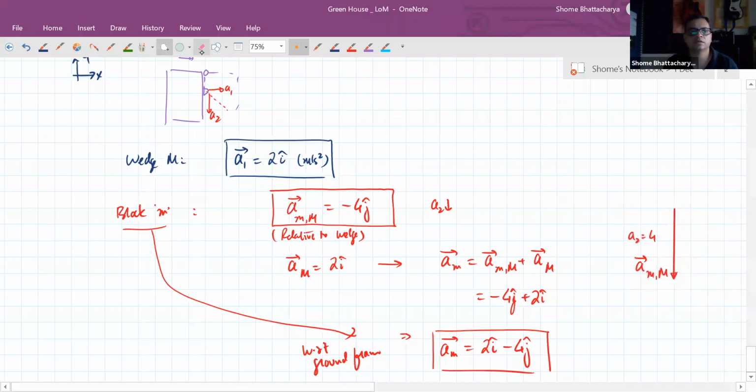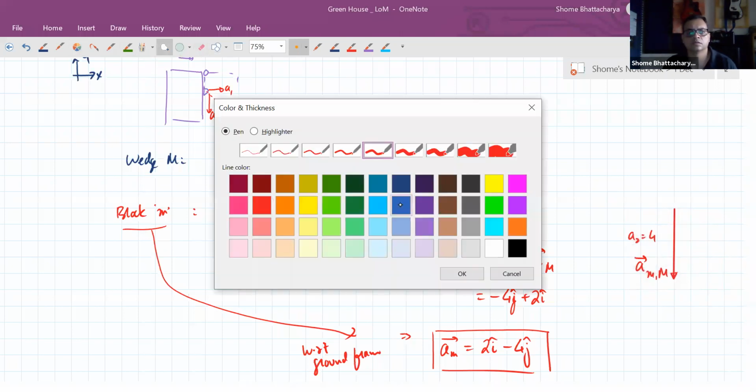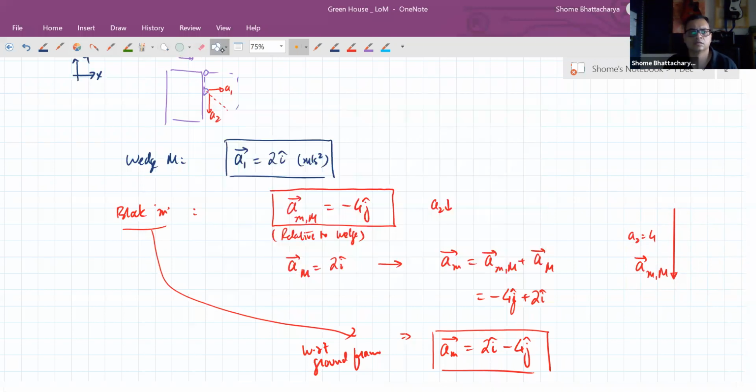And this is the acceleration of the wedge in the ground frame. So the net acceleration becomes the vector sum of these two.